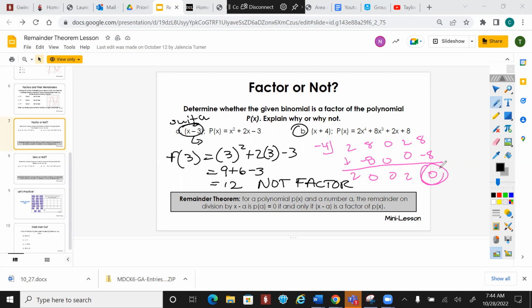Notice how 0 is our remainder. So is this a factor? Yes. You could have done this the other way: take -4 and plug it in all the way through, and you're going to get 0. It doesn't matter which way you want to do it.